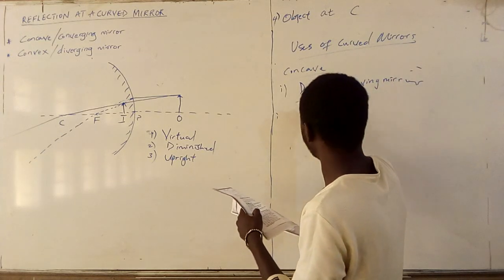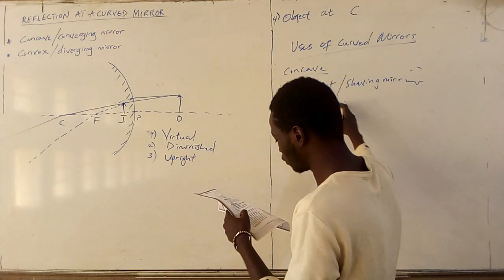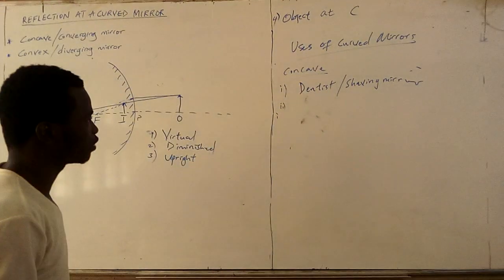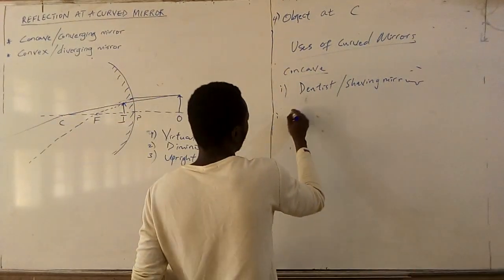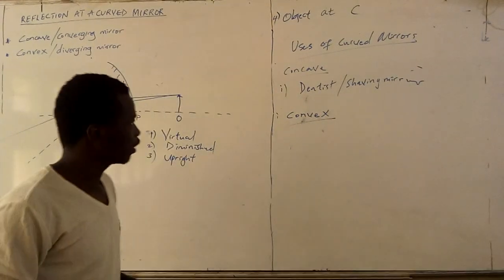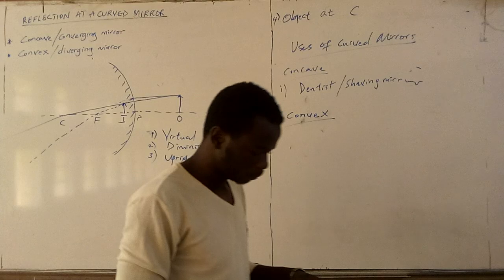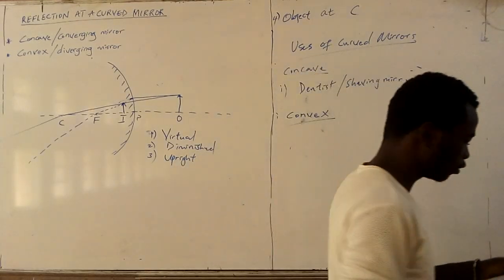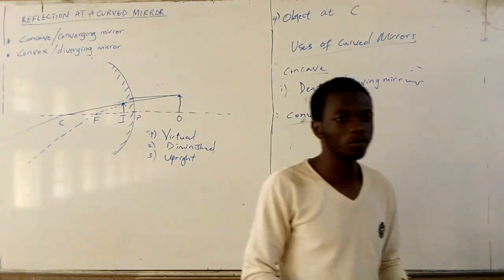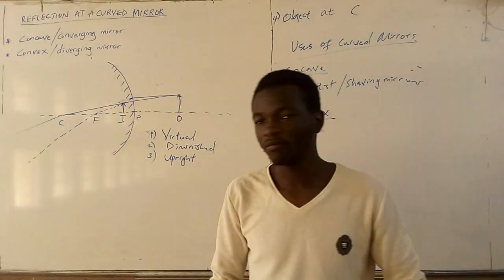They are also used in astronomical studies and for focusing radiant heat. So that's for concave. Then for the convex mirror, what are they used for? They are mostly used as vehicle side mirror or rear mirror.